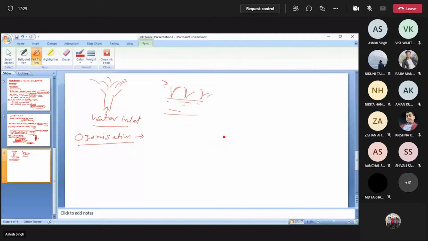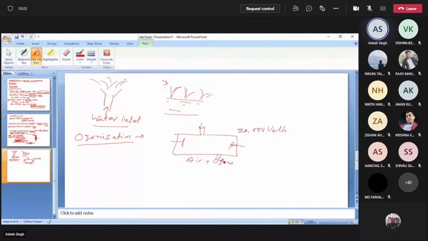There are electrodes and a voltage supply of 20,000 volts supplied in this one. Air comes into the tank, then it is oxidized and converted into air plus ozone.